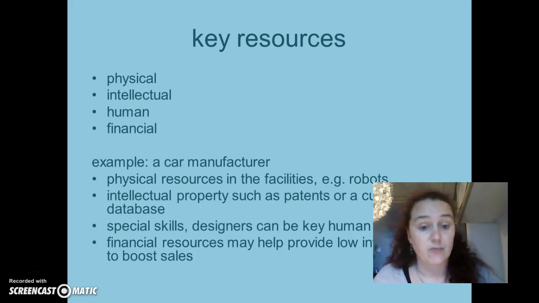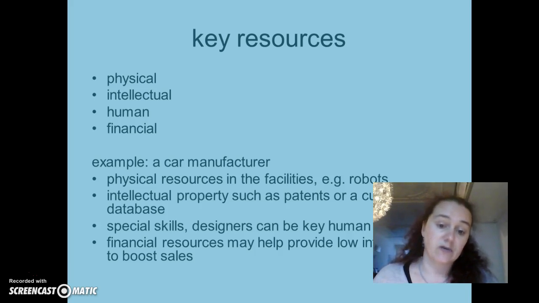Then there's intellectual property, patents, but also a customer database or a built-up knowledge database. All these things can be, in terms of intellectual property, key resources to delivering your value proposition. There are special skills, so a designer can be a key human resource, but also, interestingly enough, other people.